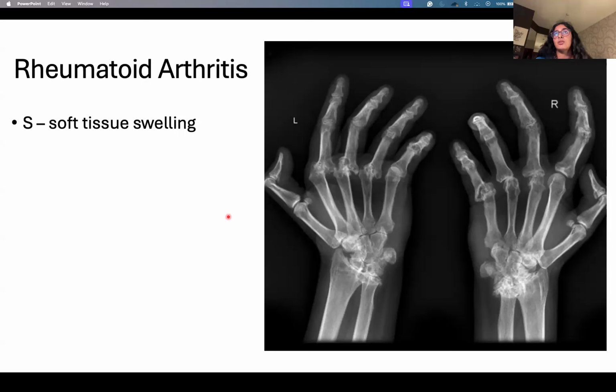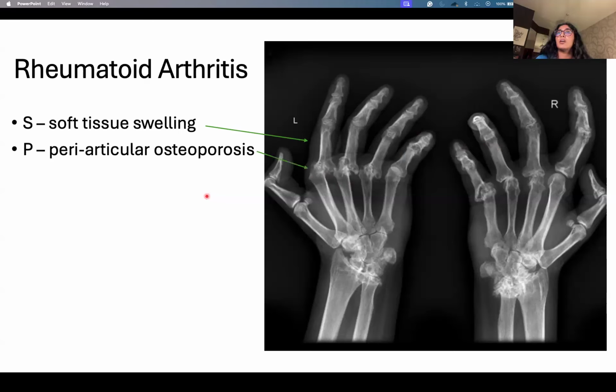Usually you get a lot of soft tissue swelling because we have a lot of inflammation and edema going on where there are autoimmune processes. So soft tissue swelling can be prominent. Don't forget to not just look at the bone, look at the skin as well. I hope it's clear here, but all of the digits look quite swollen.